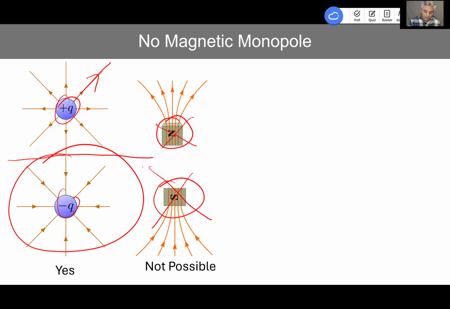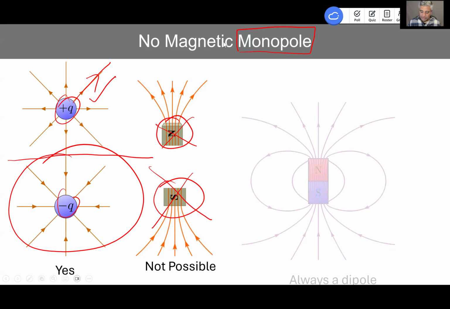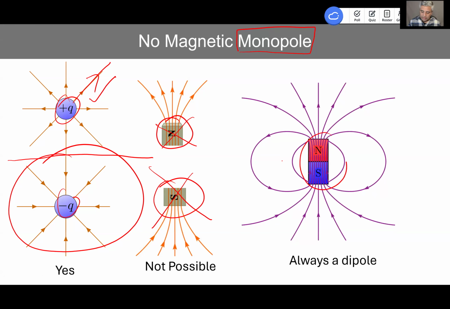So just like a single charge is possible, a single pole is not possible. A single pole of a magnet is also known as a monopole. So we say that a magnetic monopole does not exist. Both poles arise simultaneously. Both of them are going to be the same.